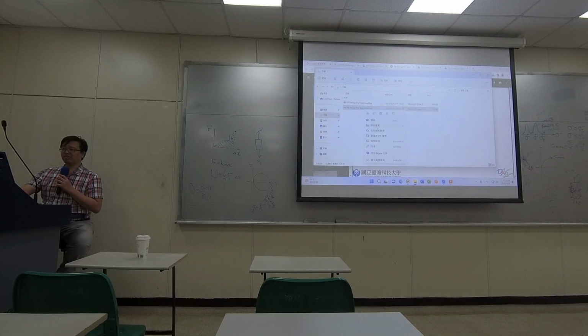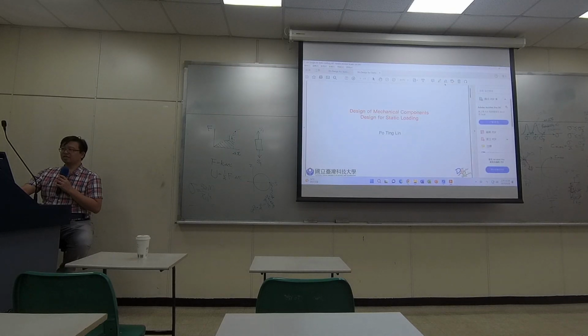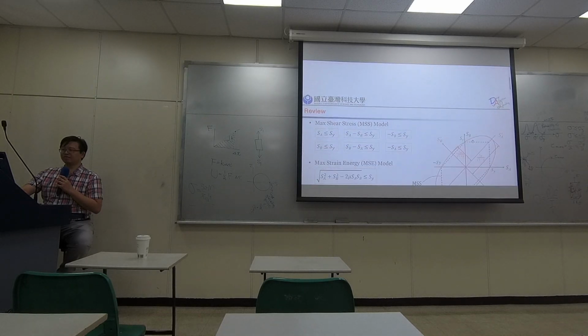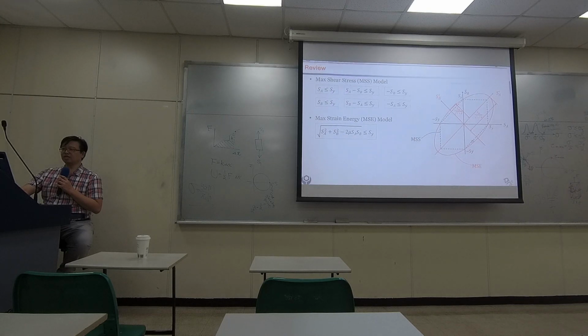So I may not be able to finish this model today, but I can slightly talk about it. Okay, so this was what we did earlier. We have a dashed line, the maximum shear stress model. We have this elliptical red boundary. It's from the maximum strain energy model.